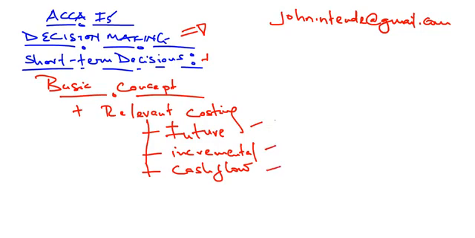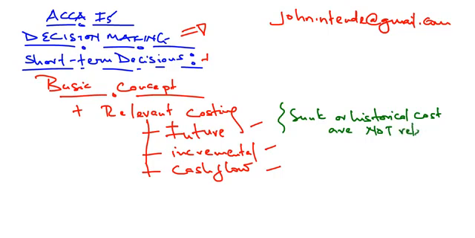So if something happened in the past, it is not a future cost. It is referred to as a sunk or historical cost, and not a relevant cost.